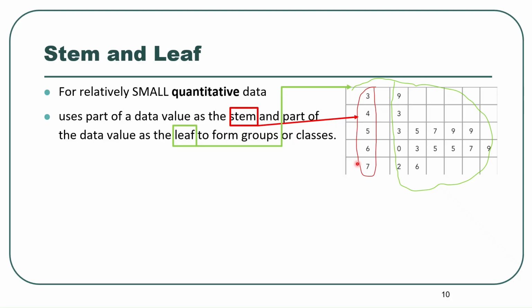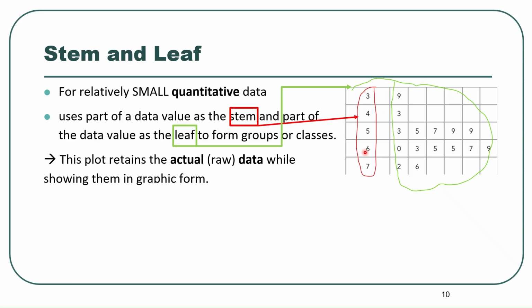And lastly, the last stem, which is 7, I have 2 leaves, 72 and 76. As you see, I can read the actual number from the stem and leaf plot. Each stem here has unit 10, so this is 30, 40, 50, 60, 70. If I had something like 11, it would mean 110, so these are measured in tens units.